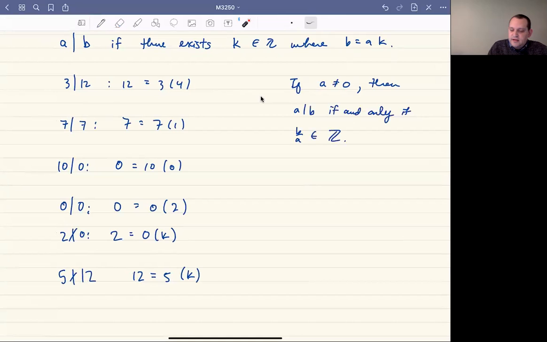Again, this excludes the silly situation where 0 divides 0 just because it fits the pattern. This is why a lot of people exclude that rule. Anyways, that's what it means for a to divide b.